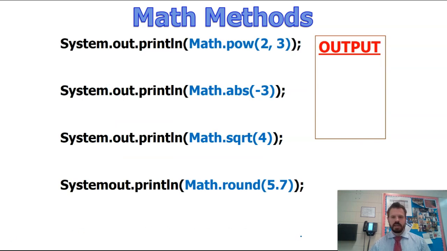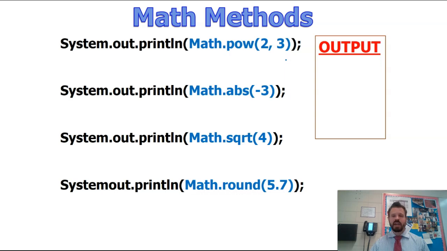All right, so let's take a look at some of our Math methods at work. So the first line of code, we've got System.out.println. And first off, notice with each of these methods, I need to have the class name, the Math class, before I can make a call to them. So here we're making the method call in a runner class or a main method or something like that.